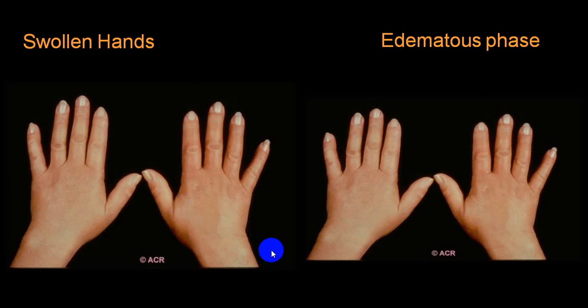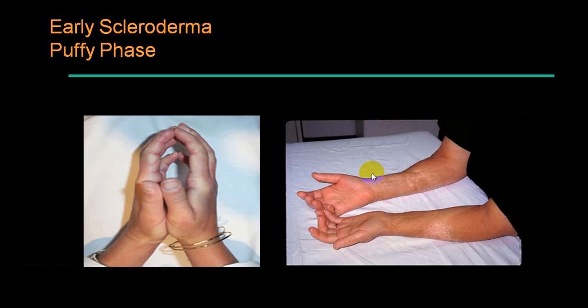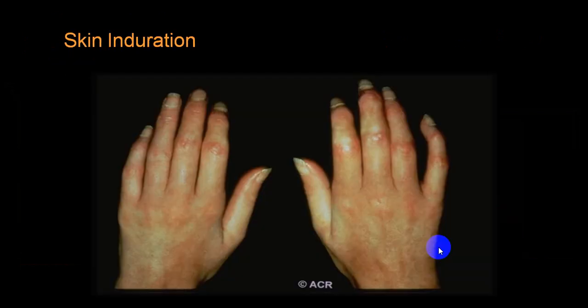Swollen hands, edematous but non-pitting, Prayer's sign, sclerodactyly. You can see this salt and pepper appearance. Again, scleroderma, skin induration.